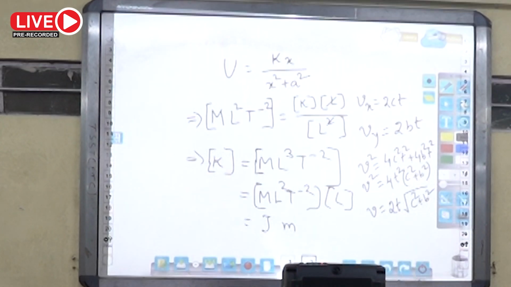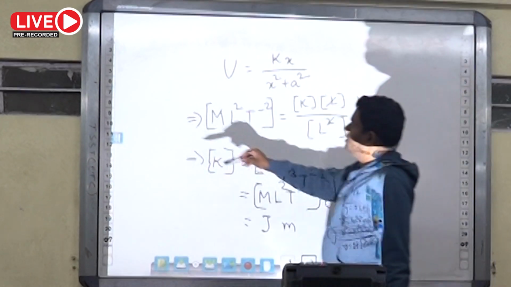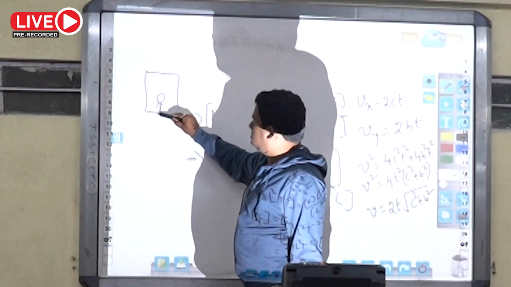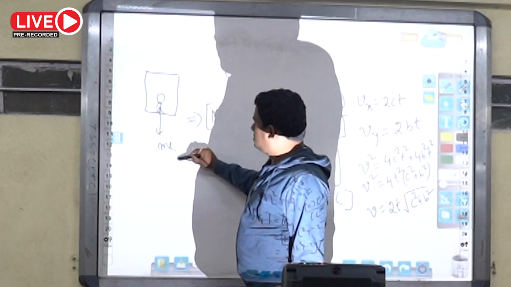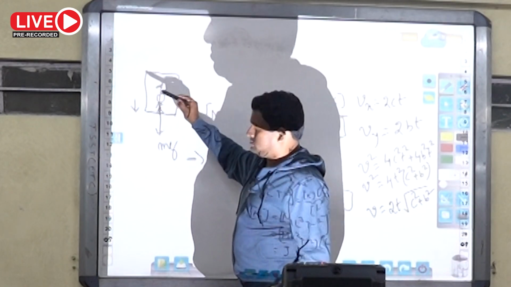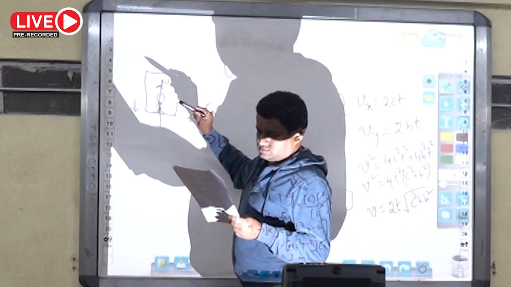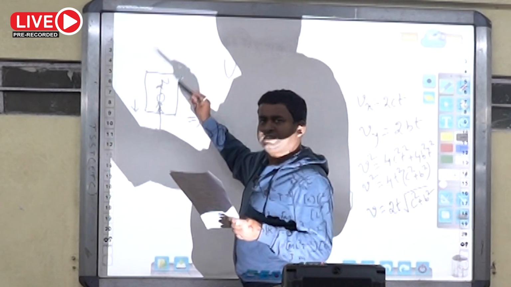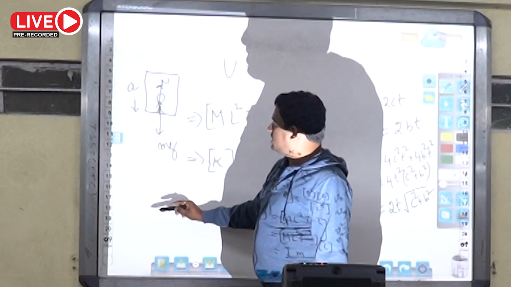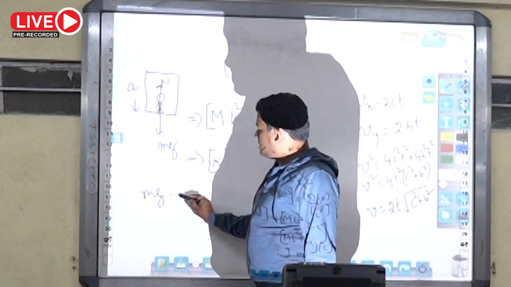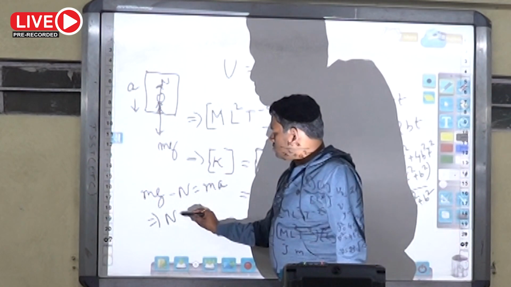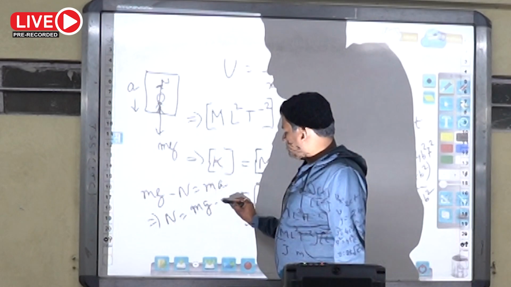It will be 0 because when the person stands in the lift, there is mg and there is normal reaction. Suppose the lift is descending with acceleration a, then mg minus N equals ma, which means N equals mg minus ma.